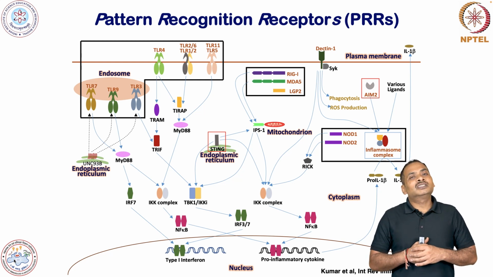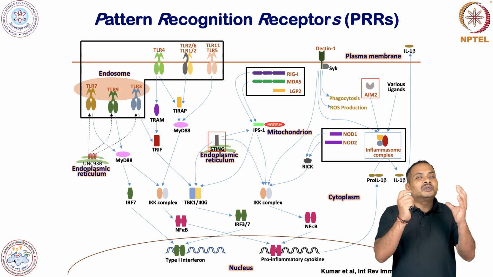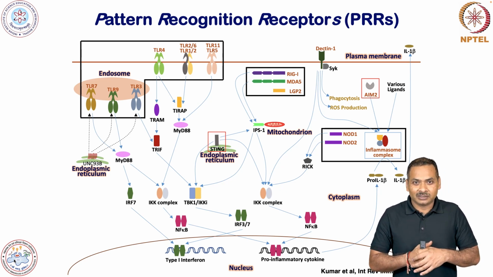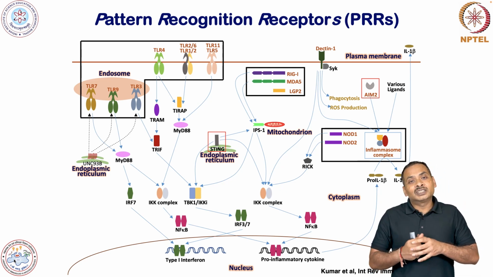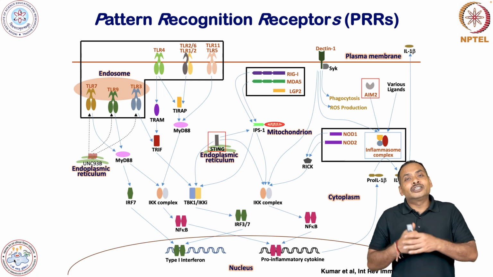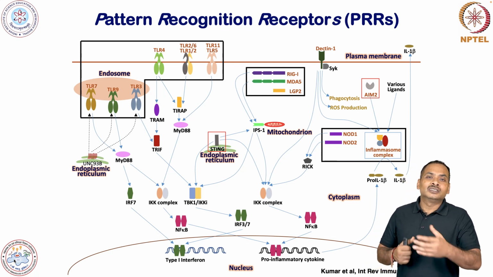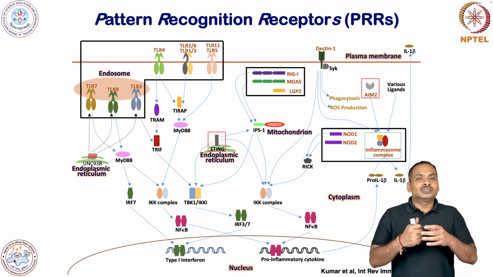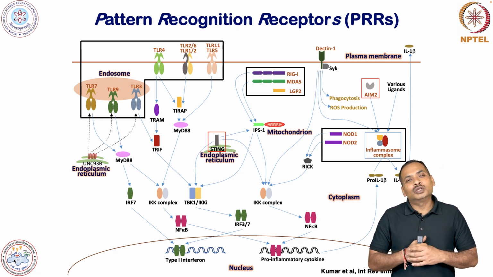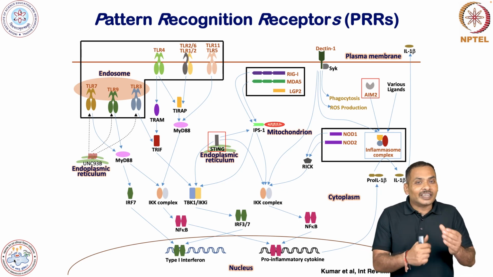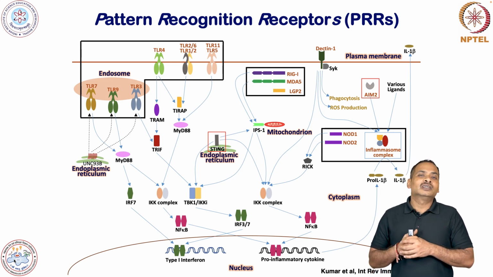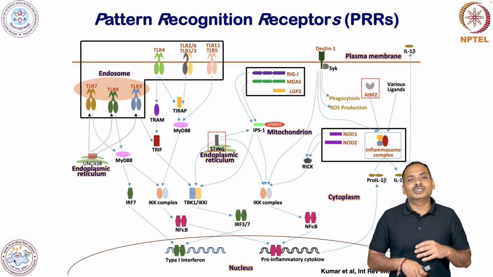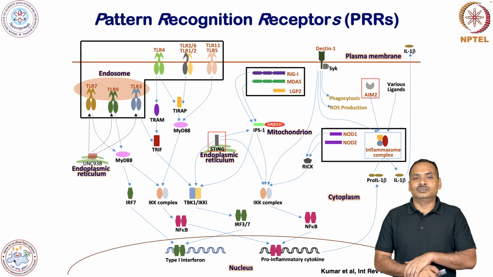There is oligomerization or clustering of these receptors, and this clustering triggers the recruitment of cytoplasmic adapter molecules. Once these cytoplasmic adapter molecules are recruited, the cascade of signaling takes place and finally results in the transcription of pro-inflammatory cytokines and type 1 interferons.